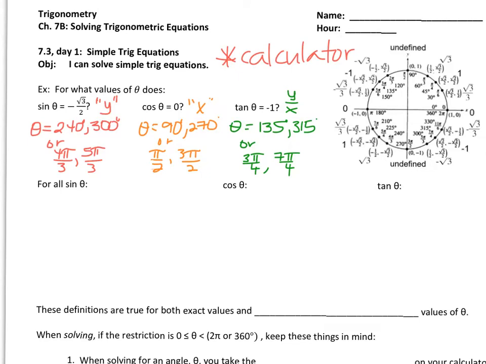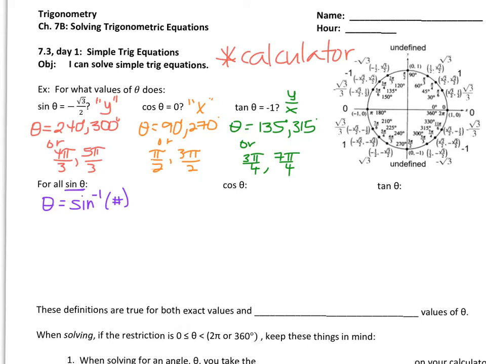For all sine values, you get your answer by taking the inverse of your trig answer. So for all values of sine theta, theta equals taking the inverse of a number. So that negative 1 means taking the inverse. On the unit circle, we just look at the unit circle. But if we don't have a unit circle friendly number, we have to plug it into our calculator.